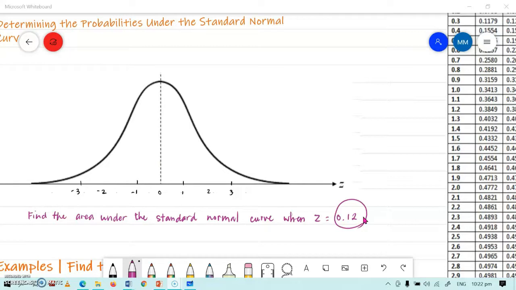So where is z equals 0.12 in the curve? Of course, since it's positive, it's located to the right of our curve, so it's somewhere here. Let's estimate. It does not go beyond 1, so it's just about here.